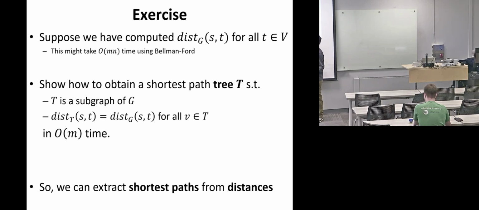So maybe what I want is a shortest path tree, a subgraph of G that is a tree, such that the distance just by going through this tree is the same as the distance in the graph. To compute the single source shortest path, you might take MN if you use Bellman-Ford. Now I claim that given these distances, you can compute this shortest path tree in just linear time, m time. How do you do that?